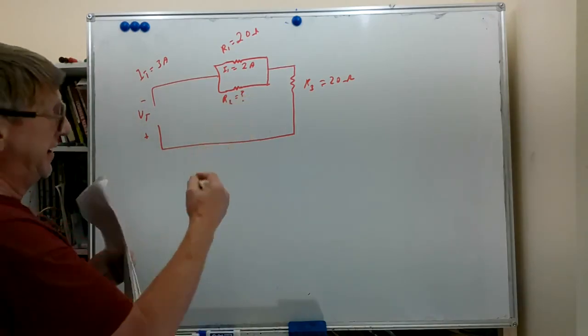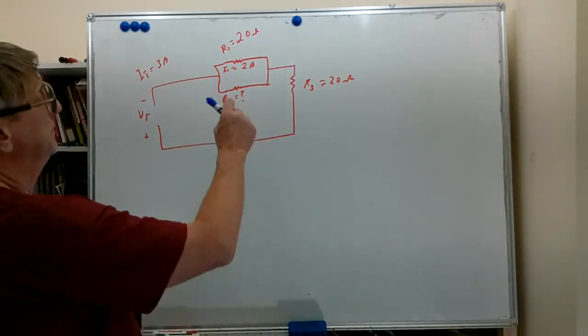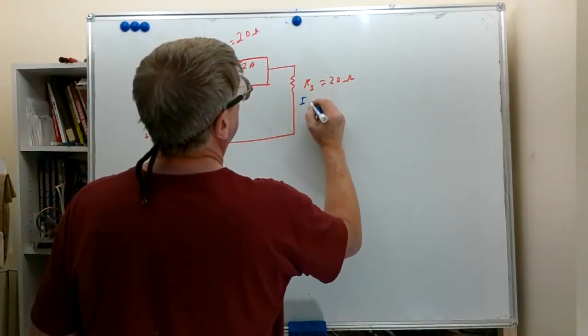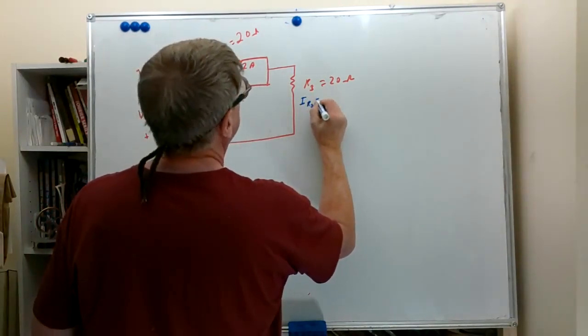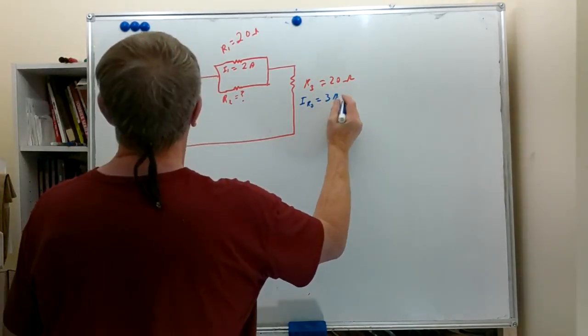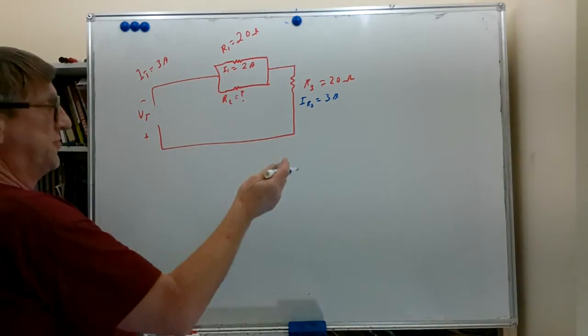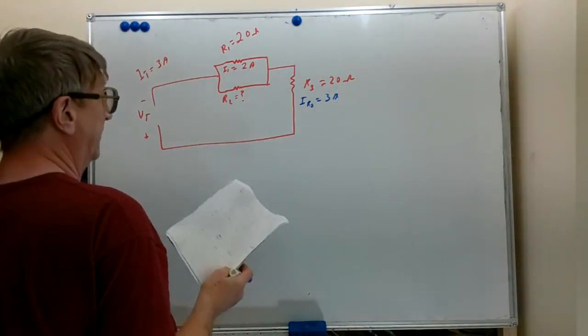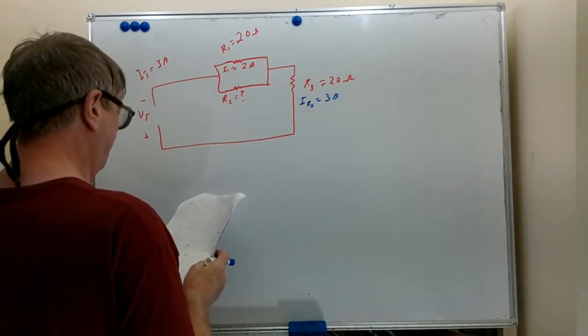So we can see right away that because it recombines, we'll call this IR3, it is equal to that same 3 amps. It's the same thing as IT. The current through R3 is the same thing as the total current.